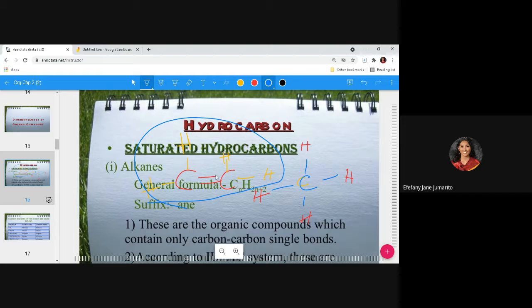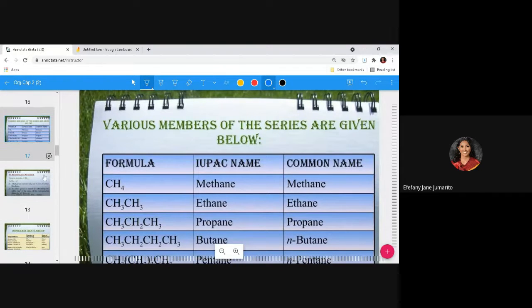So it was not saturated with hydrogen atoms. So we call this unsaturated.